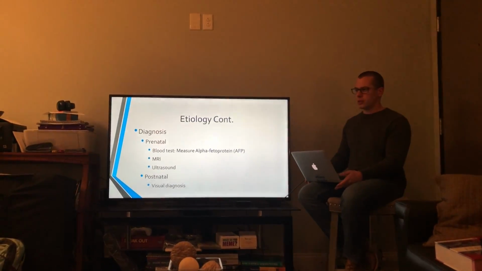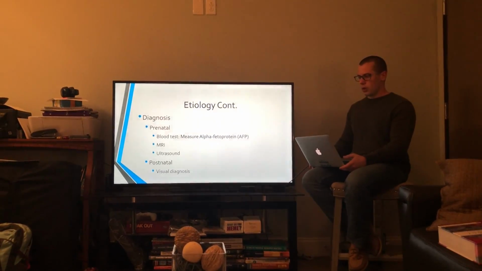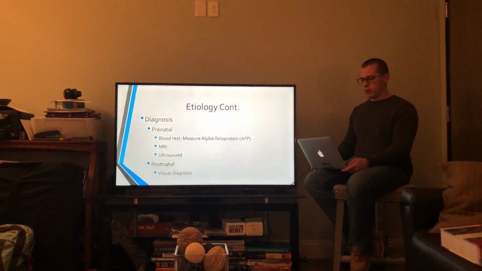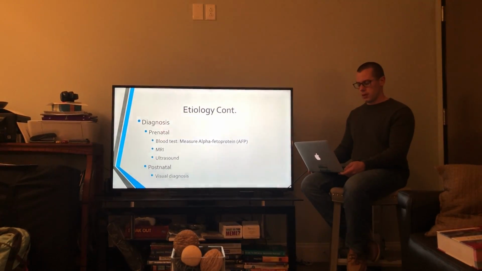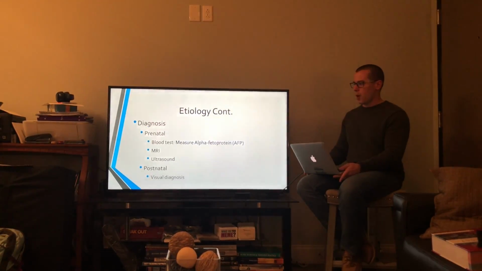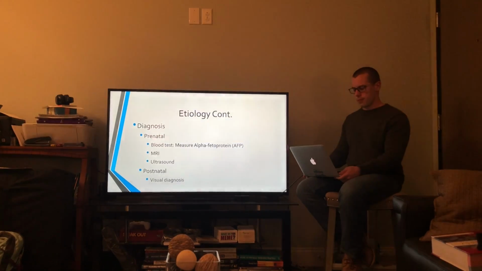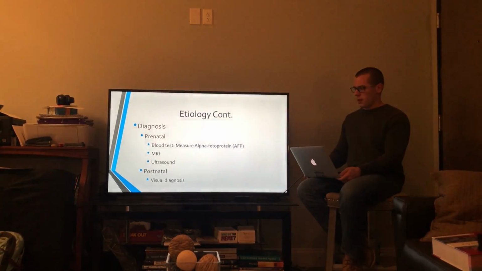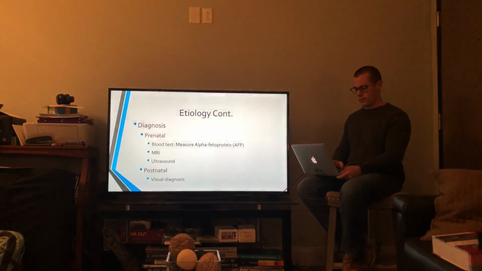So diagnosis can be either prenatal or postnatal. Prenatal, one of the big ones is measuring the alpha-fetoprotein level. And you've also got two big imaging methods, MRI and ultrasound. Ultrasound is considered the gold standard. Then you've also got the postnatal, which is a visual diagnosis.